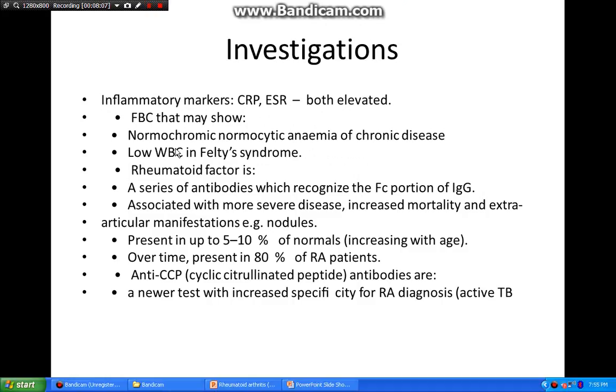These are the investigations you can go through, such as CRP, ESR, FBC, WBC count. Also rheumatoid factor, serial antibodies you can look for, and associated diseases, increased mortality and extra-articular manifestations due to nodules if they are there. Also we will do anti-CCP. So these are the tests we have to do.